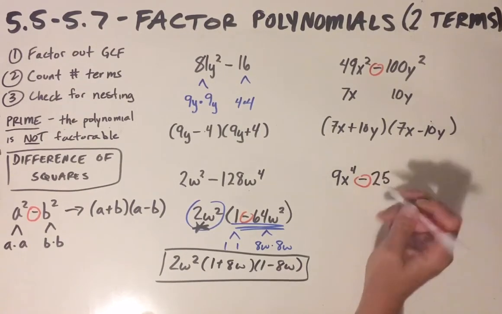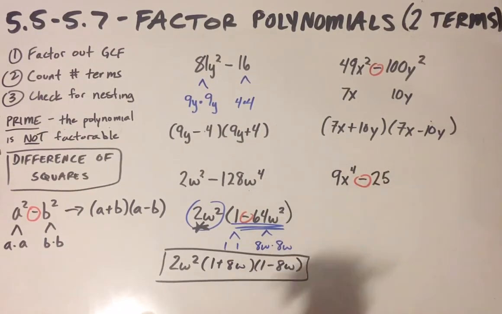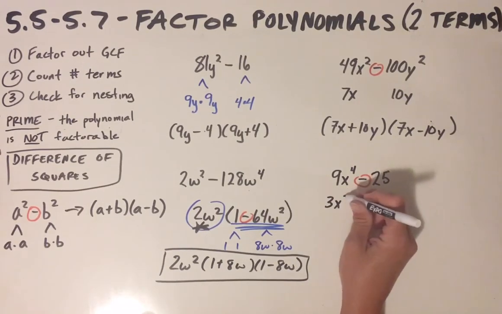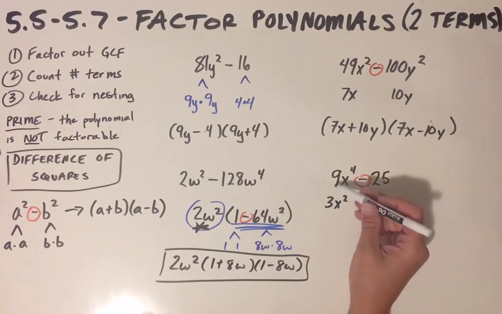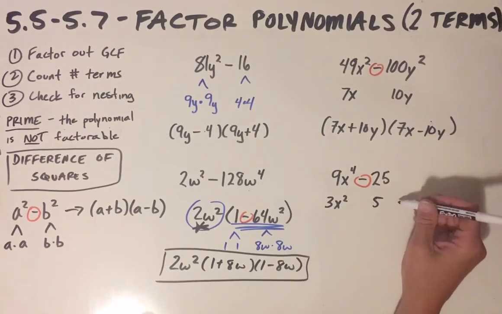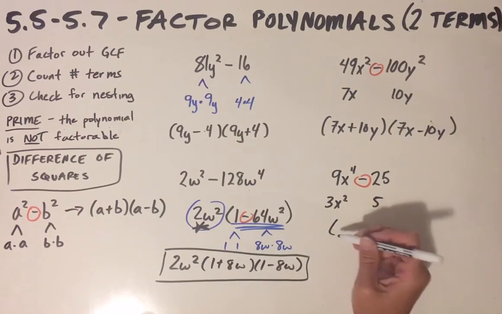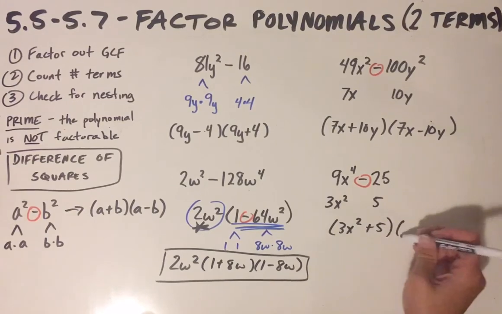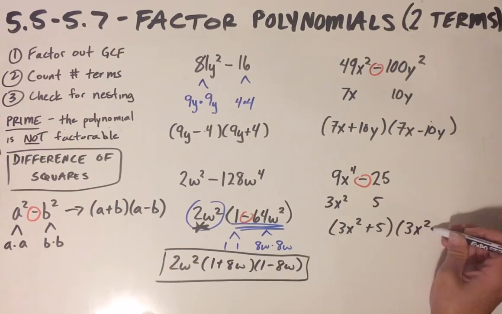Checking it out. It's a two-term polynomial, it's a difference, but are these perfect squares? Well, the root here is going to be 3x squared, because 3 times 3 is 9, and x squared times x squared is x to the fourth, and the root here is going to be 5. So yep, this checks out. This is a difference of squares. So I'm going to get a 3x squared plus 5 and a 3x squared minus 5.